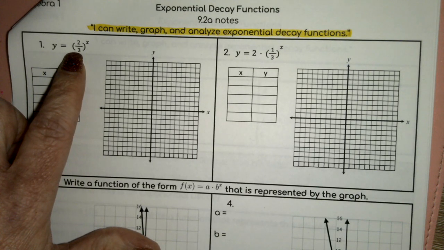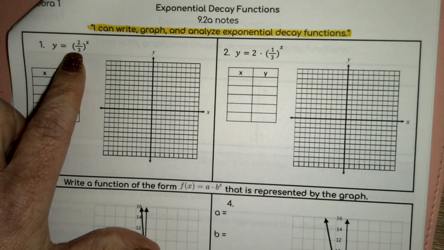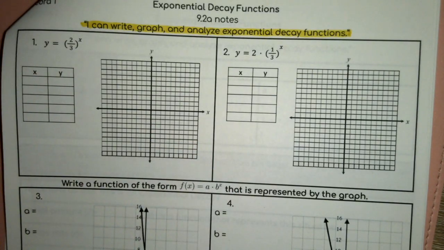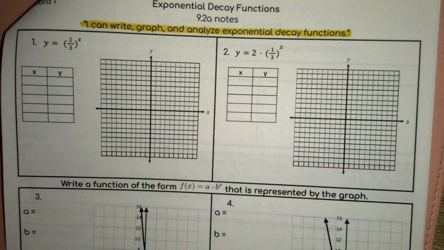We're going to plot this directly into Desmos. So let's type this into Desmos exactly as you see it. Y equals, make sure you put parentheses around your 2/3.